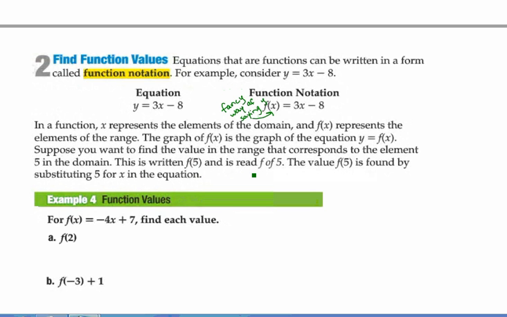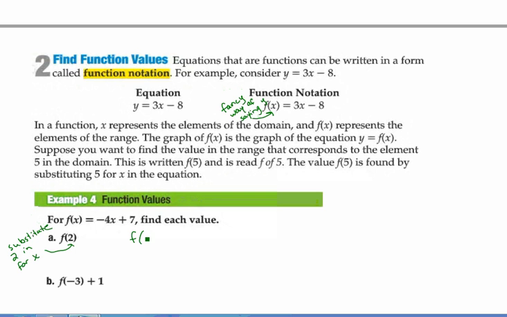So in order to do this, again, this f of 2, what this means is substitute 2 in for x. So instead of saying evaluate when x equals 2, they're just now writing f of 2. And this is how we do it.